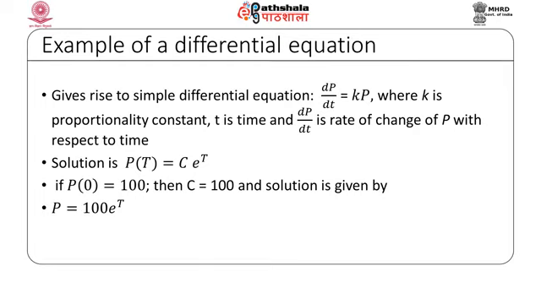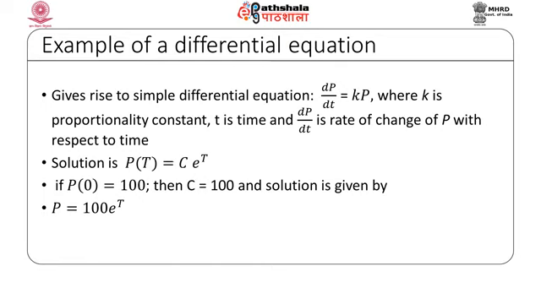Just to simplify matters, if the population at 0 is 100, then if you substitute P(0) equal to 100, putting t equal to 0 in the expression P(t) equals C e raised to t, we get C into e raised to 0 is 100. Since e raised to 0 is 1, we get the value of constant C as 100, and so the solution of this differential equation, if the current population is 100 units, is P equal to 100 into e raised to t.